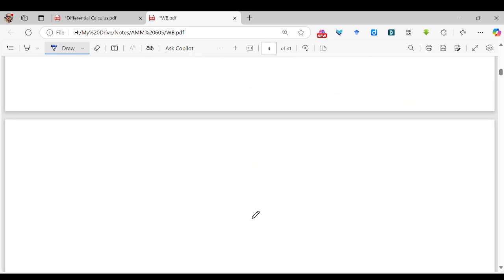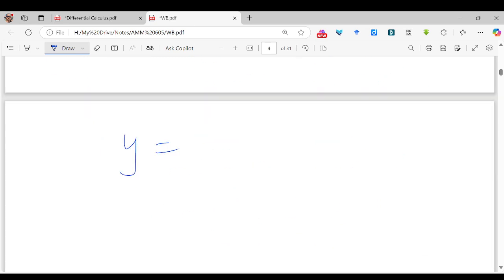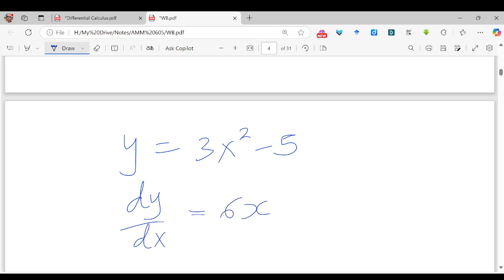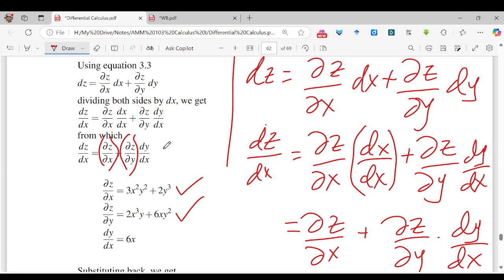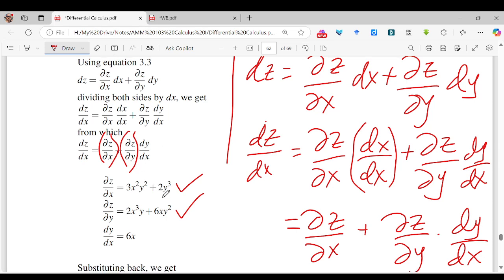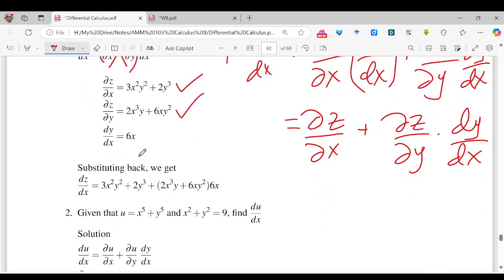So we can differentiate y with respect to x to get 6x. Now that we have everything that we require in our expression, the rest is just to substitute, and we get our function there, dz by dx.